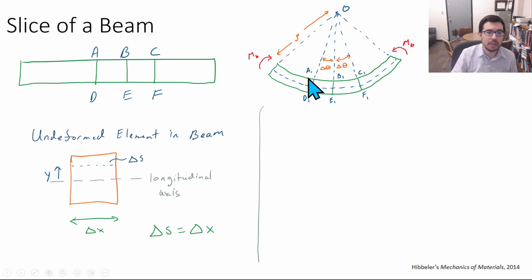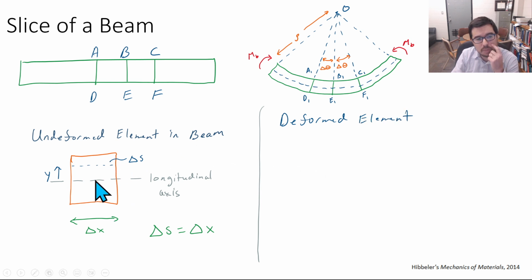We have A1, B1 getting closer, D1, E1 getting farther apart, and we can look at a deformed element. So what's going to happen here? Well, you can kind of get an idea that delta s is no longer going to be a constant as a function of y, this distance from the longitudinal axis.